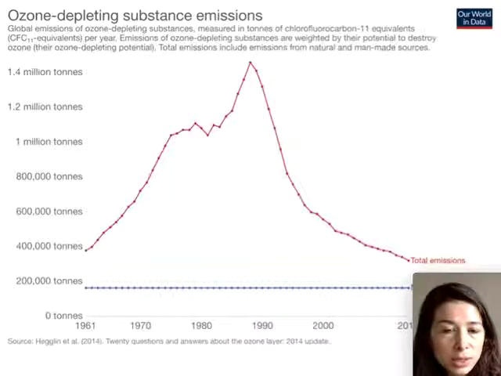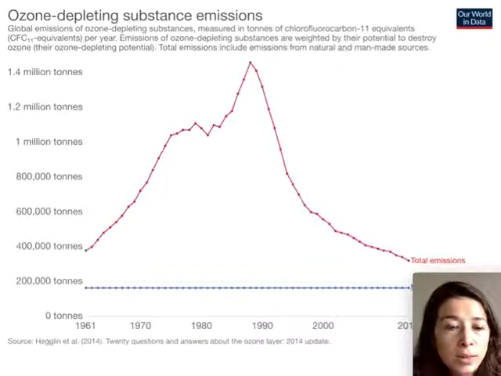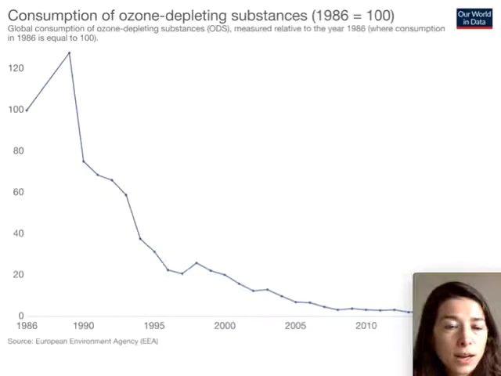But happily, we can see that around 1990, when all of these treaties were signed, the amount of ozone-depleting substances is dramatically reduced. So that is very optimistic. And our consumption of ozone-depleting substances is greatly reduced.